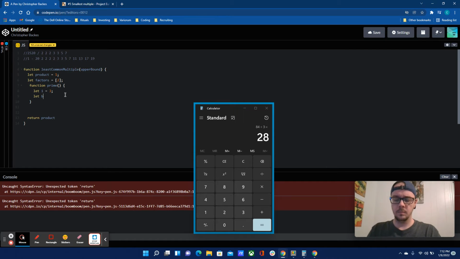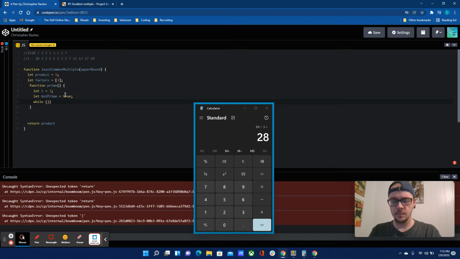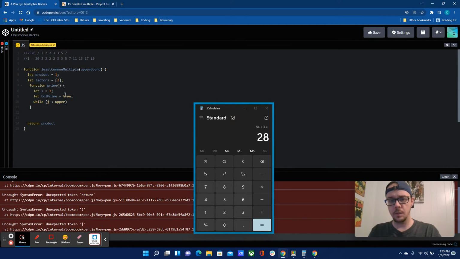Let bool prime equal true. Now we could have done this as a for loop.